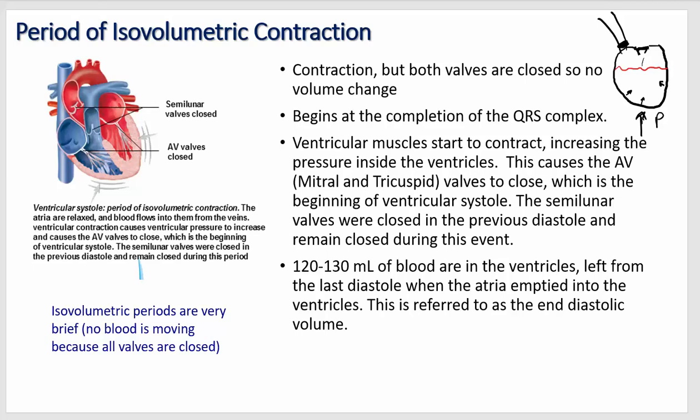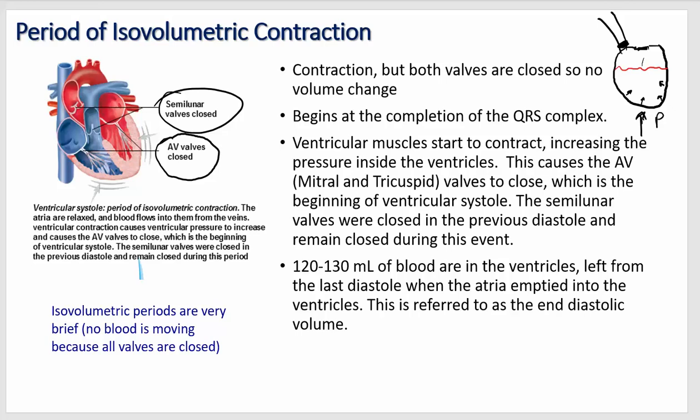So now the mitral valve is closed and the ventricle is starting to squeeze. So now all the valves are closed. Semilunar, if we're talking left ventricle, is your aortic valve. On the right side, it's the pulmonary valve. And the mitral valve and the tricuspid are also closed now because we started to squeeze and we pushed that valve closed.